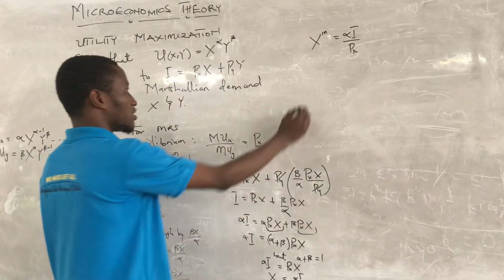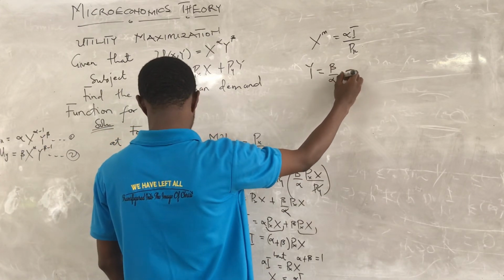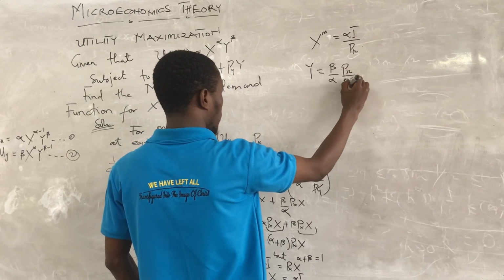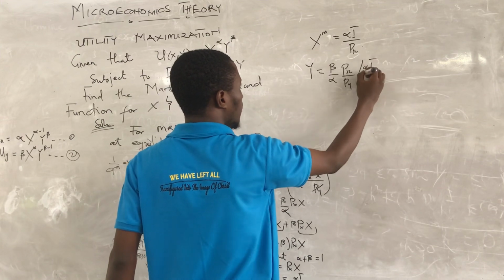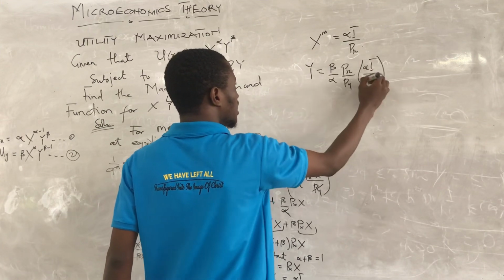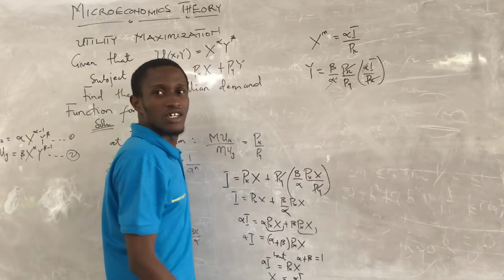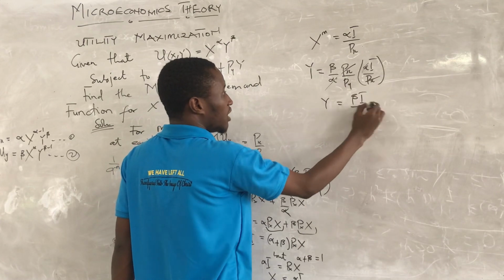So y was equal to beta over alpha, Px over Py, times x. So times x, we put alpha I over Px. This Px cancels this Px. This alpha cancels this alpha. Then we have y equal to beta I over Py.